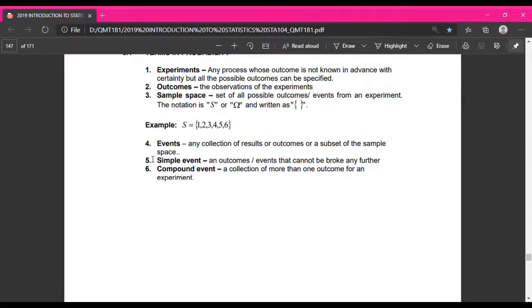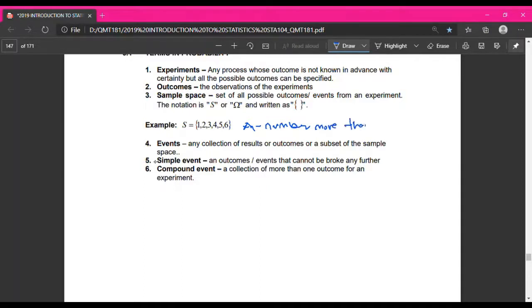Okay, event pula adalah any collection of result or outcome or a subset of the sample space. Okay, contohnya sampel kita tadi, eksperimen kita adalah toss a die. So kita punya dipanggil sample space is 1 until 6. Dia punya event pula adalah event A adalah number more than 3.